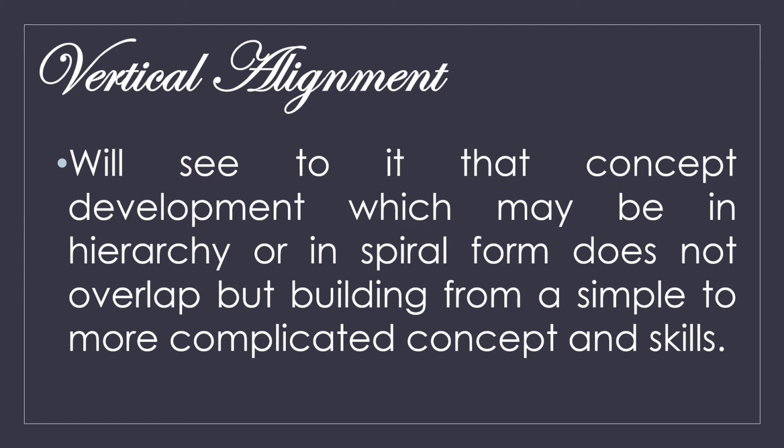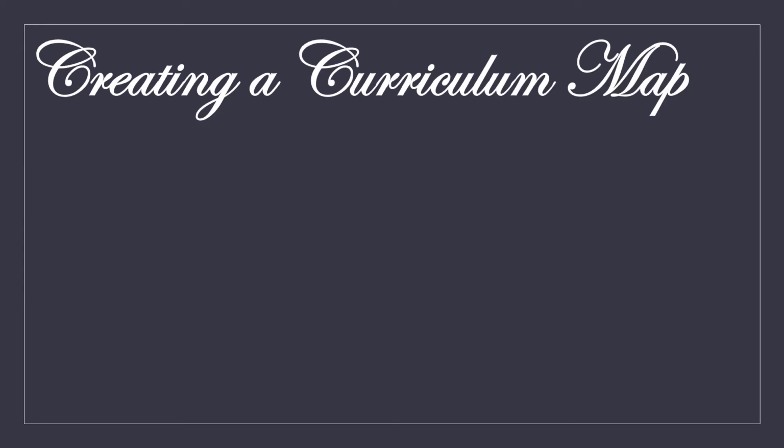This alignment, either horizontal or vertical, will develop interdisciplinary connections among teachers and students. So we, as teachers, can also verify that skills and content are addressed in other courses or to higher levels, thus making learning more relevant.